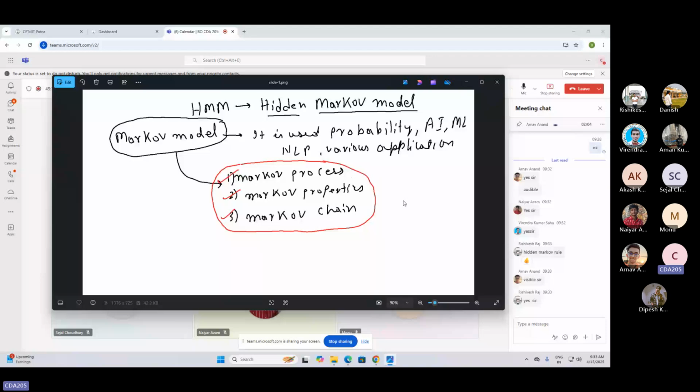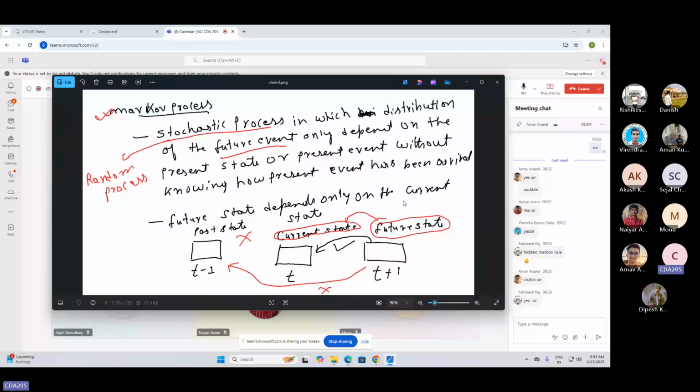In the Markov process, a stochastic process, the distribution of a future event only depends on the present state, without knowing how the present event has been achieved. The future state only depends upon the current state. It doesn't matter how the current state has been achieved. So this Markov property we have done.